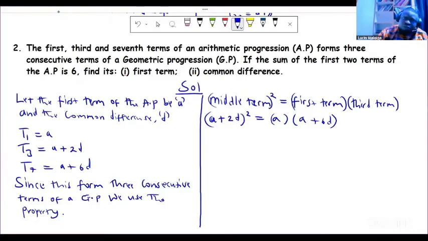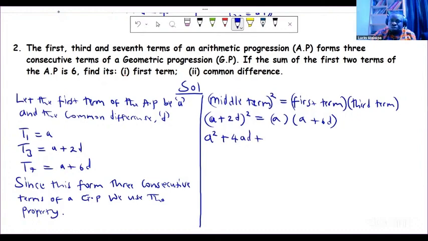So if you expand this, square your A, that's A squared, then take 2D multiply A, that will be 2AD, then multiplied by 2, that will be 4AD, then 2D squared, so that will be 4D squared. Good. Equals, if you open this, A squared plus 6AD.